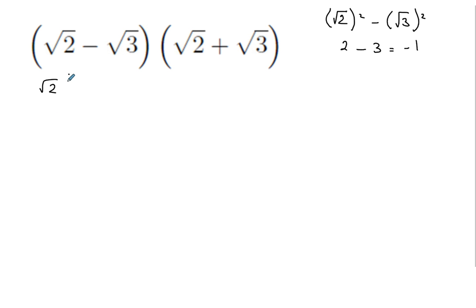So we've got surd 2 times surd 2 plus surd 3, minus surd 3 times surd 2 plus surd 3.